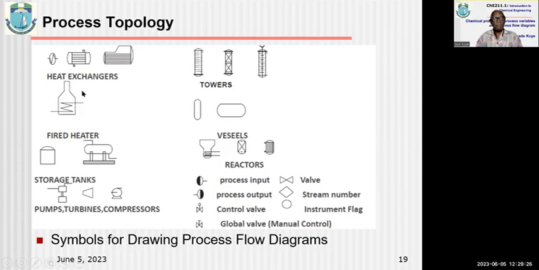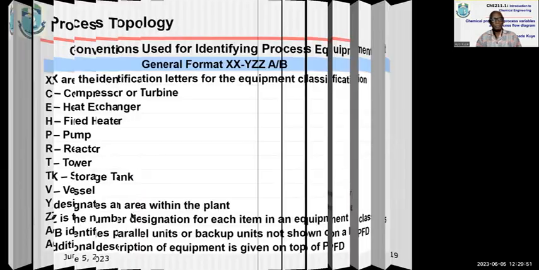And you also have, these are heat exchangers here. This is a fired heater, which is different from the heat exchangers. Because here, yes, both of them exchange heat, but here, usually there are streams. Then you have storage tanks where you store your materials.